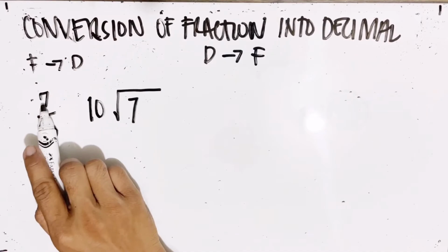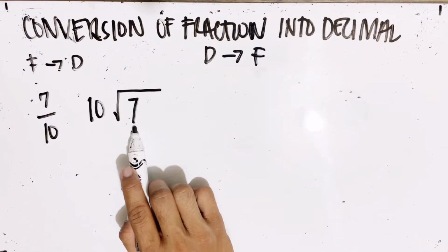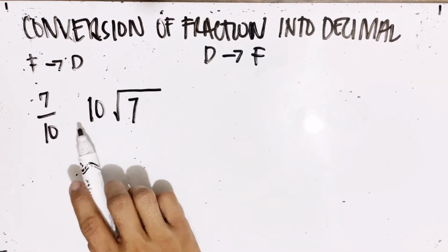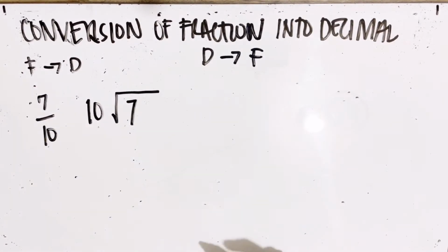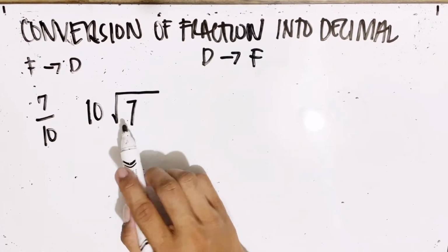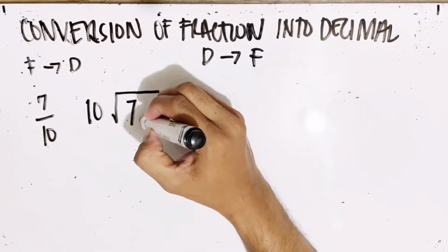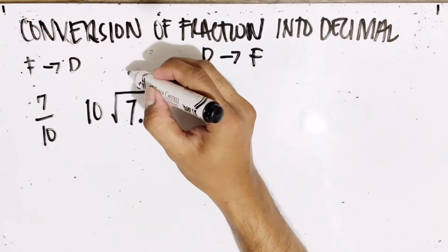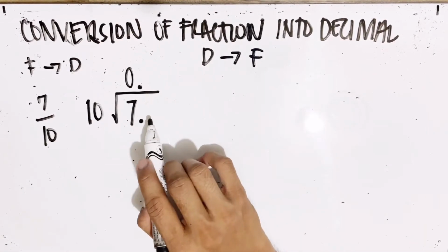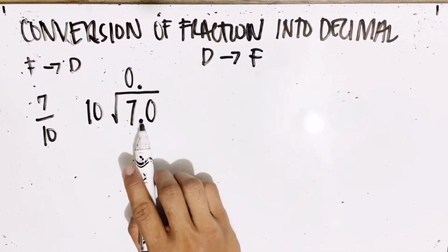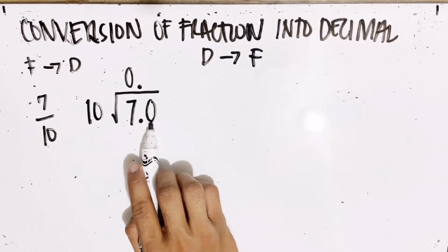7/10. The numerator is placed inside, which is here. It becomes the dividend, and then the denominator becomes the divisor, which is placed outside. Next, because 7 is lesser than 10, we'll start placing decimal points. So that becomes 0 on the left side, and here on the right side of 7 we will place 0. So 7 becomes 70.